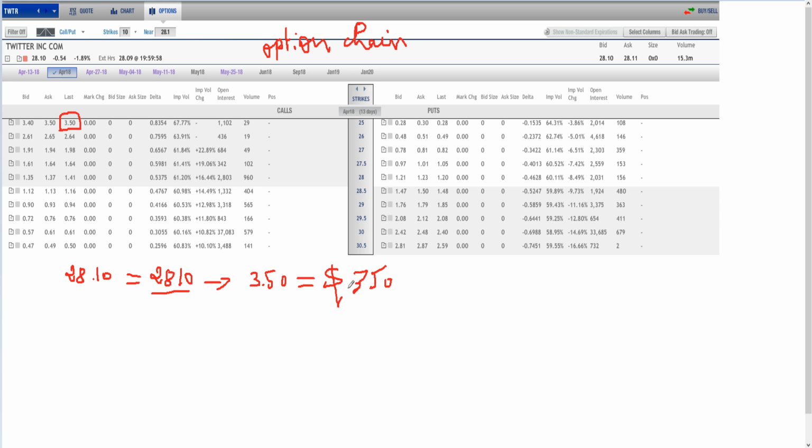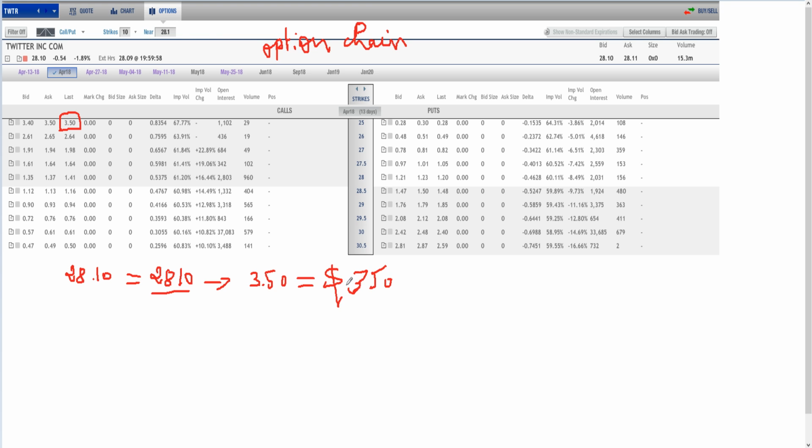You say to yourself, why should I pay $2,810 while I can pay only $350 and get this contract, and I control the stock, 100 shares? Okay, so this is a new way to do trading, and some people like options because they pay less.